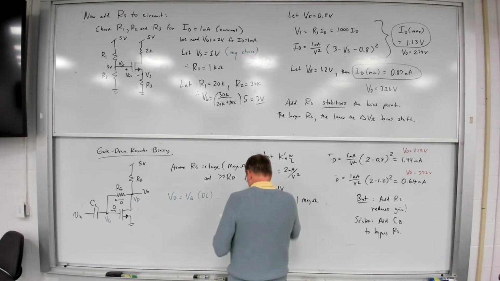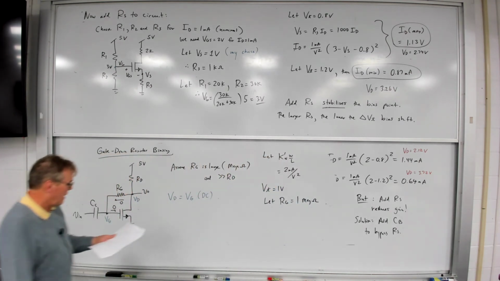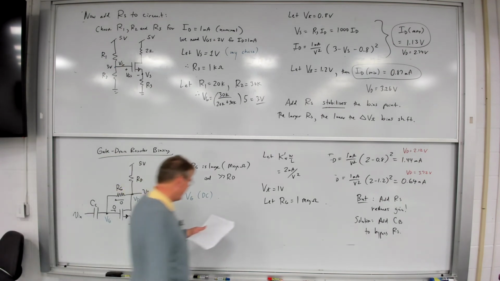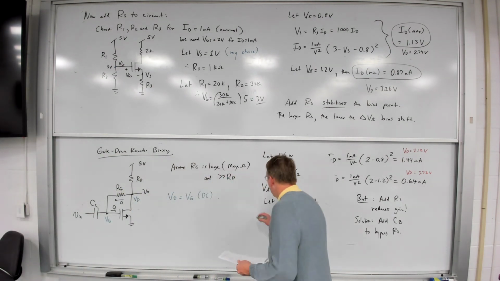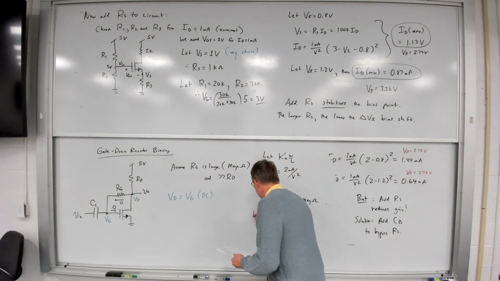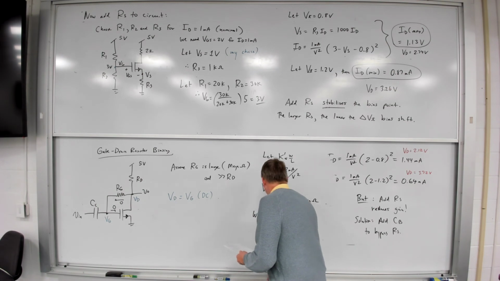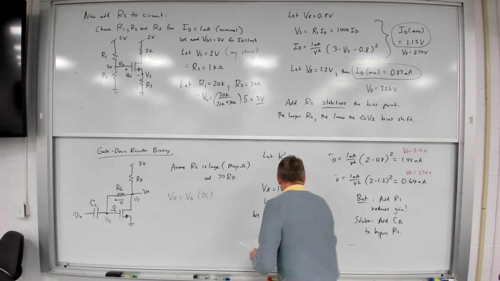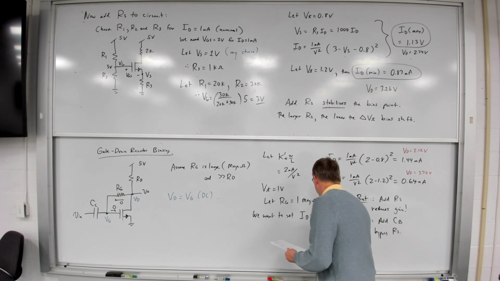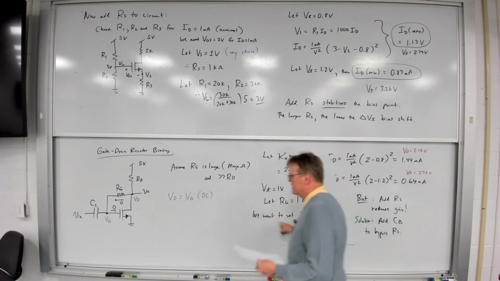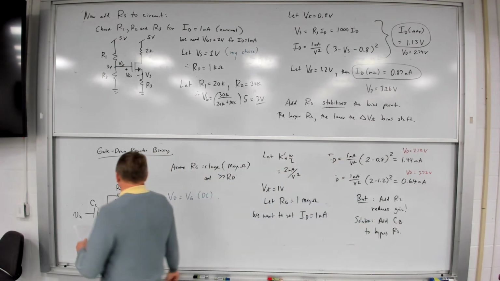All right. Let's say I want to set ID equal to 1 milliamp. So I want to do exactly what we did a minute ago. I want to set the drain current equal to a milliamp.